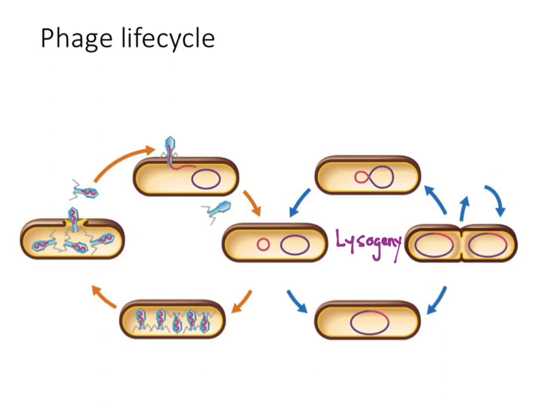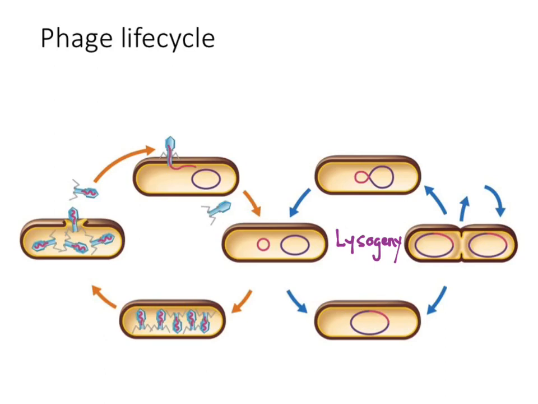What does this right-hand side look like with respect to what we talked about on Monday? So we talked about three forms of horizontal gene transfer. Which one uses bacteriophage? Transduction, yeah.